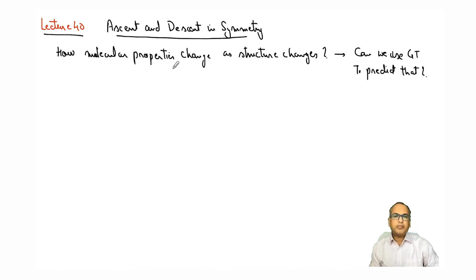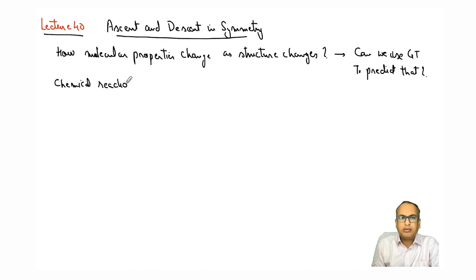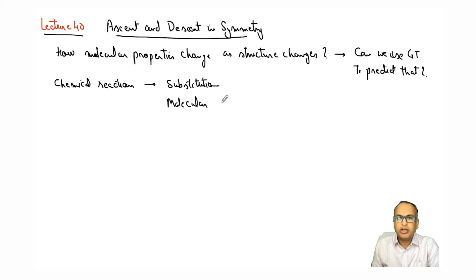Okay. So what do we mean by structure changes? For example, under any chemical reaction, substitution may happen or deletion of an atom may happen, leading to molecular deformation, or structural deformation.